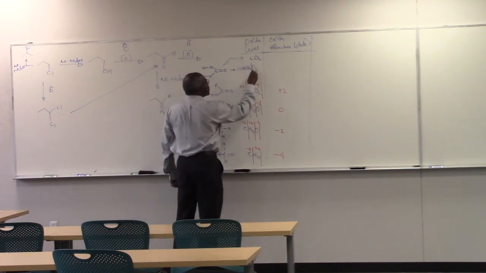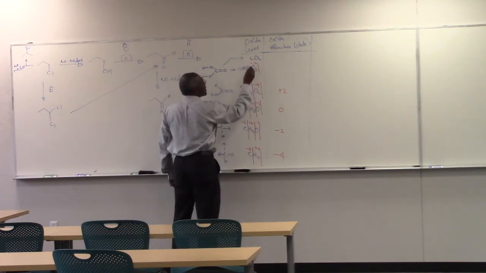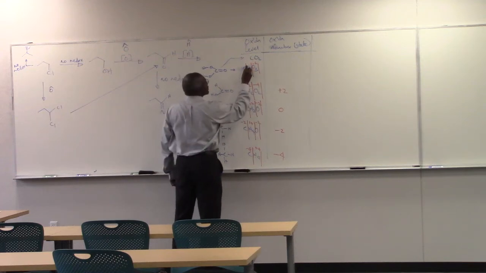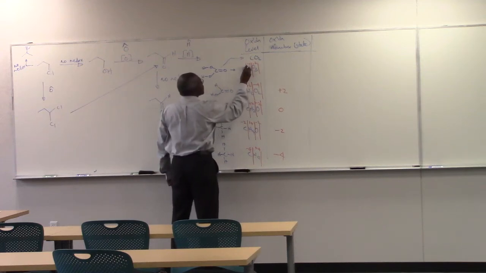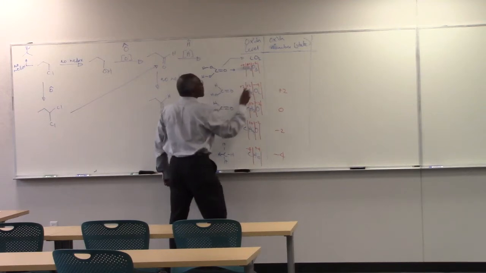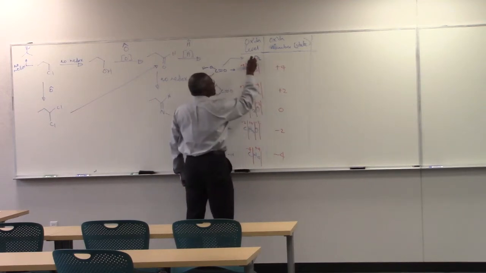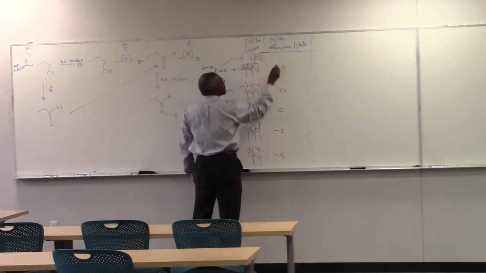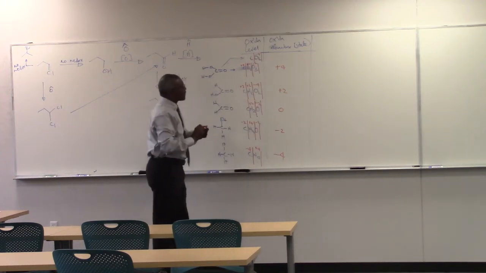Each O is -2, and the 3 of them, that's -6. The H is +1, and the 2 of those, so that's +2. So the carbon must be +4, which is the same as this one. Each O is -2, so that's -4. So the carbon has to be +4.